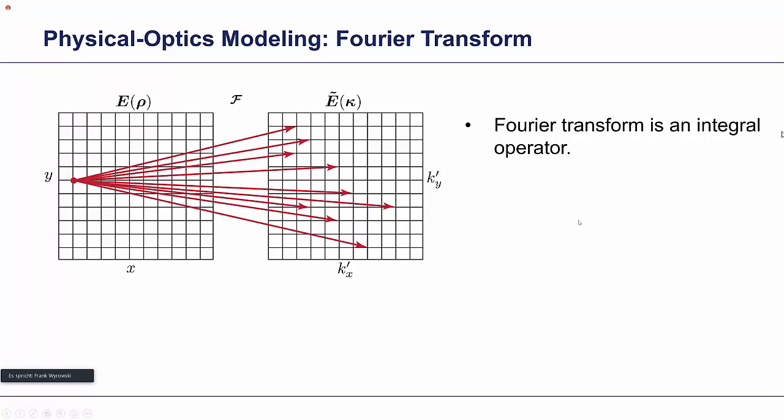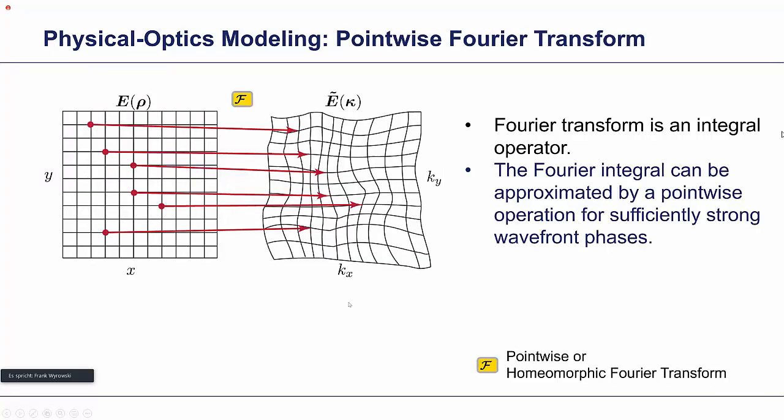If we consider this a little bit more, in particular when we apply the stationary phase concept to the Fourier integral itself, then it can be shown that the Fourier transform can be approximated by a pointwise operation if the wavefront phase is strong enough.